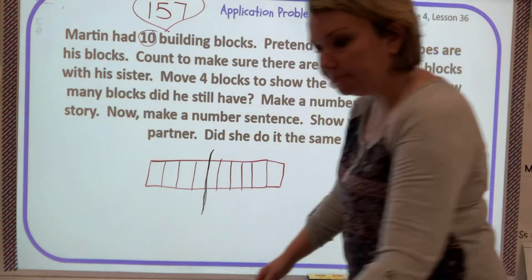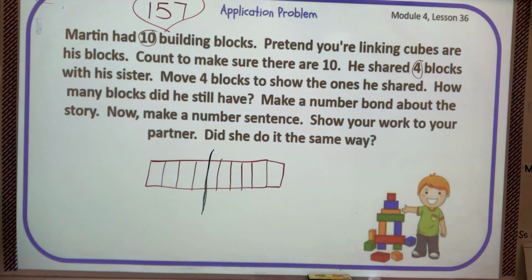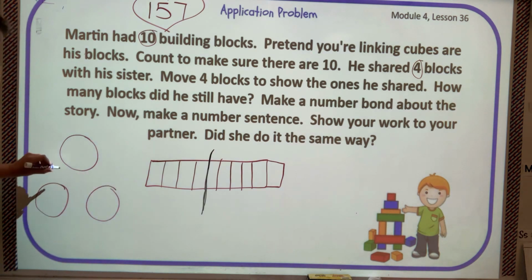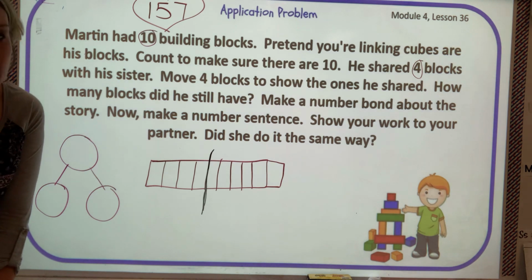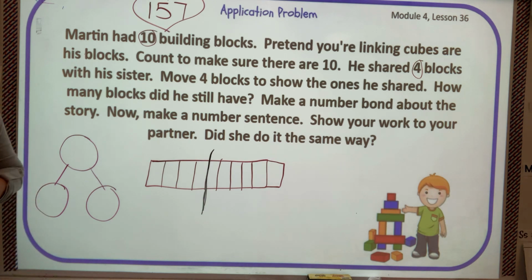Can we make a number bond about our story? Yeah, let's do that. I'm going to draw my number bond this way. But you can draw your number bond a different way if you choose. Who can help me with the number bond? What are we going to put in the hole? Raise your hands. What are we going to put in the hole? DJ? 10. Awesome, DJ. Our hole is 10.